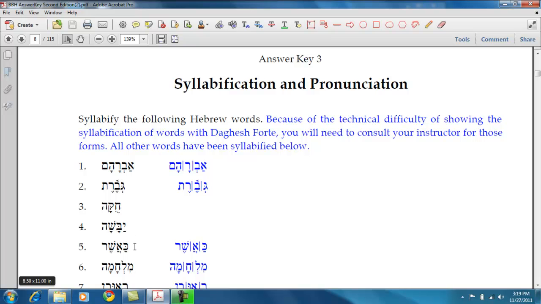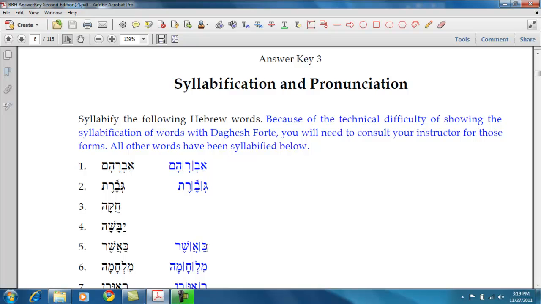Number 5 is ka'asher. Remember the hatef patach is vocal up under the guttural aleph. So we would go here and say it was a kaf. What type of dagesh is this in this kaf? It's a dagesh lene, because this is a begadkefat letter, and it is not following a vocal vowel.